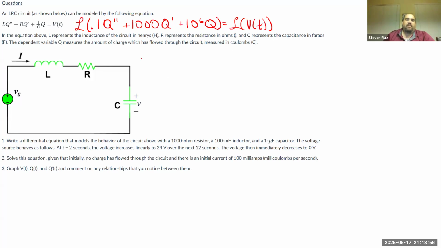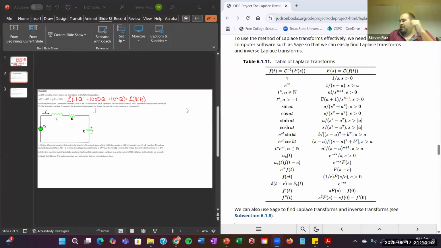So maybe I should pull up the table. So let me go find that. All right, so here's the table, bringing this up to remind ourselves how to take the Laplace transform of a first and second derivative.